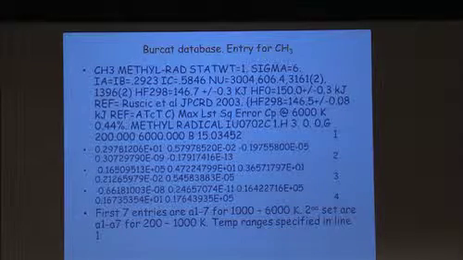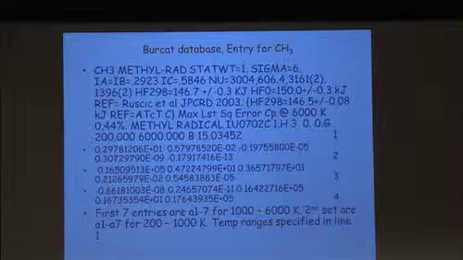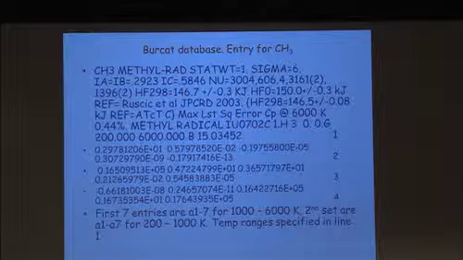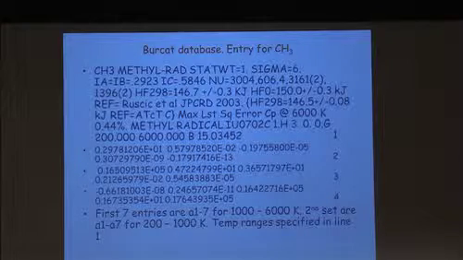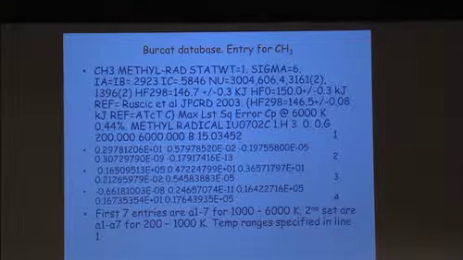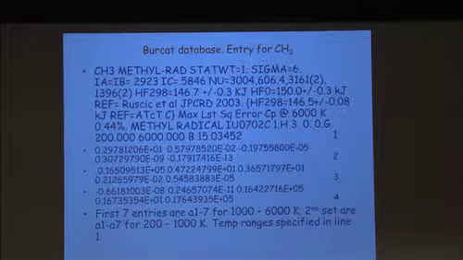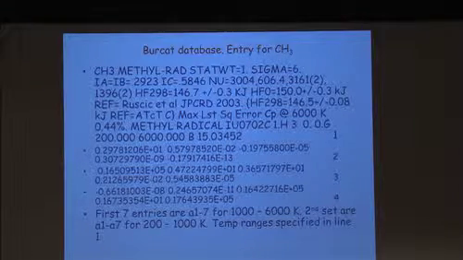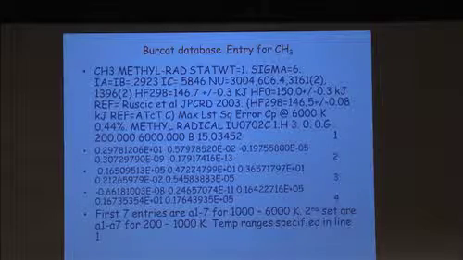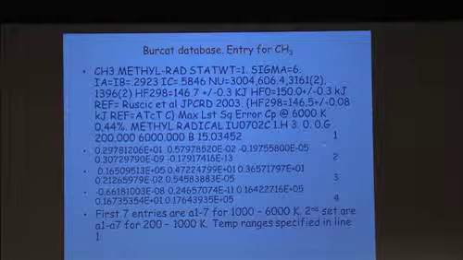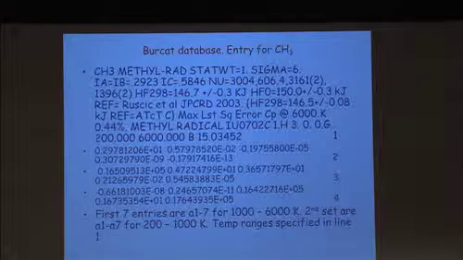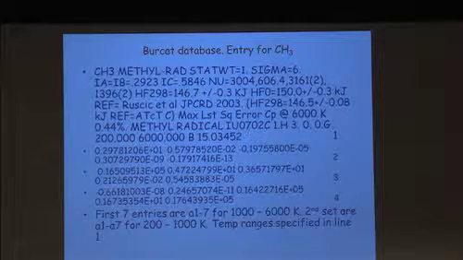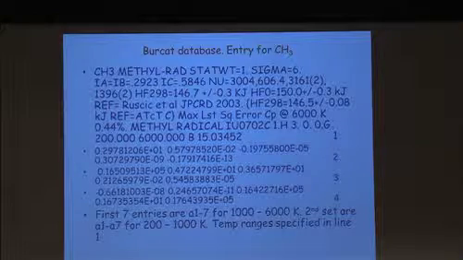This is the enthalpy of formation at 298K, 146.7, plus or minus 0.3, which is the value that comes from the ATCT. There's the enthalpy of formation at 0 Kelvin. Here's the reference from Ruscic. And this is some information on methyl. And then 200 to 600 is information on the tabulation coming below here.